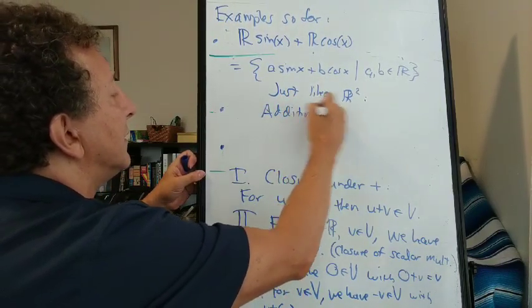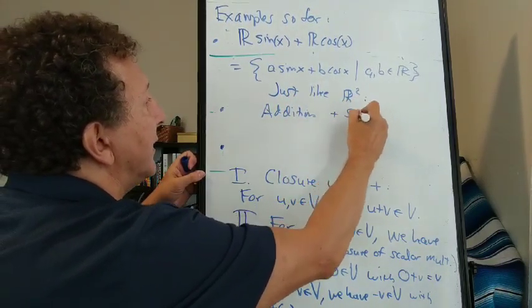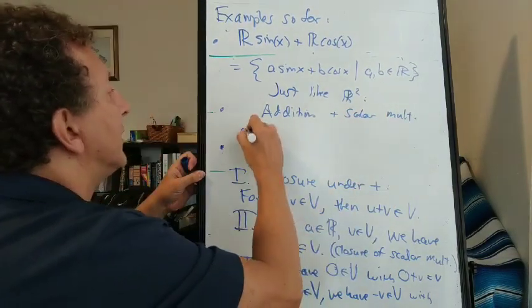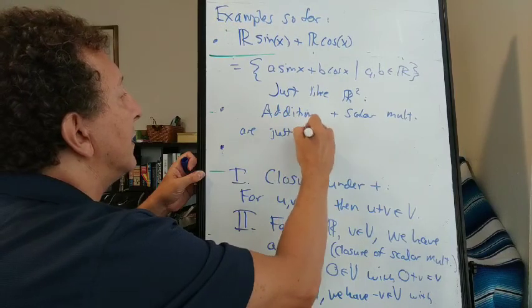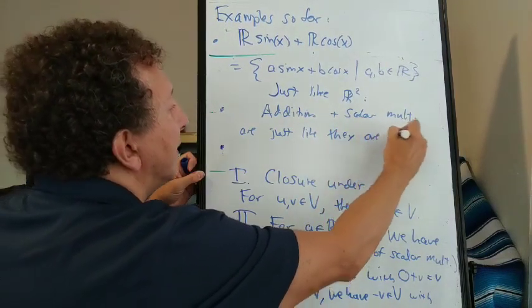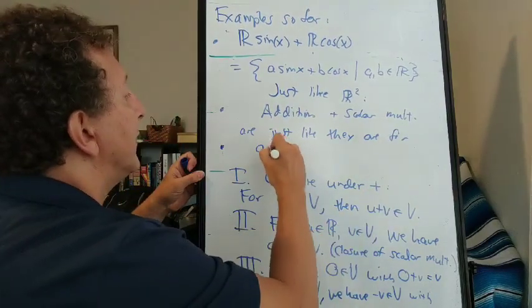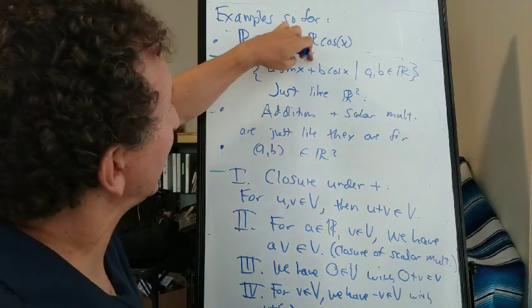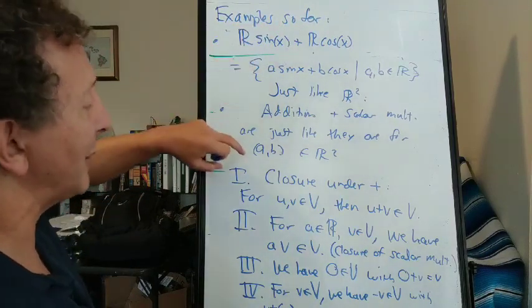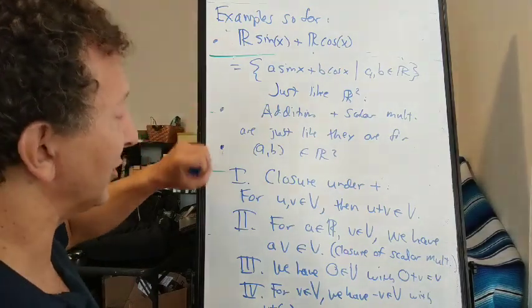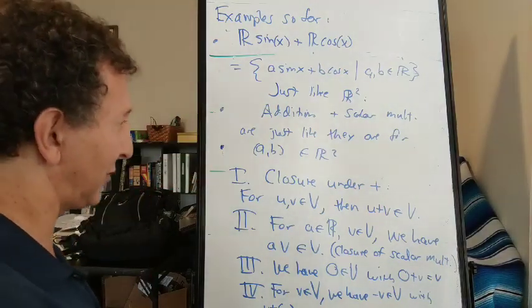Addition and scalar multiplication are just like they are for a and b in R2. a sine x, b cosine x could very compactly be represented by a comma b as far as addition goes and as far as scalar multiplication goes.